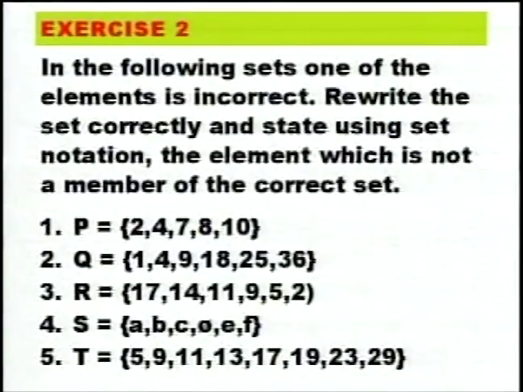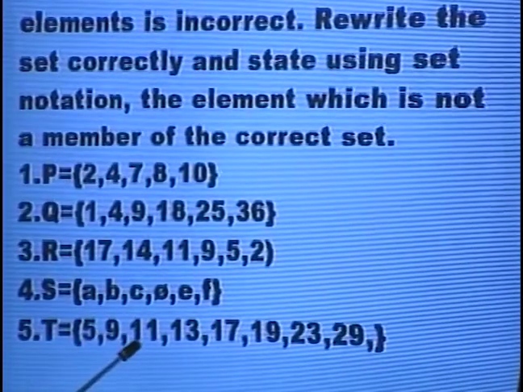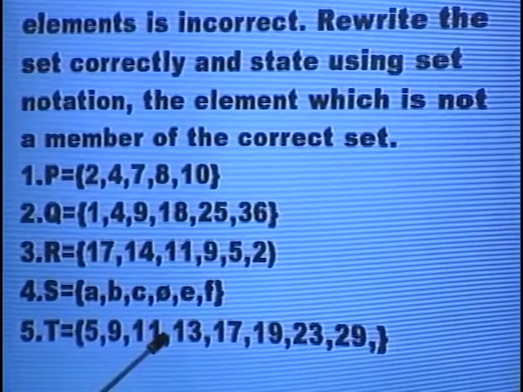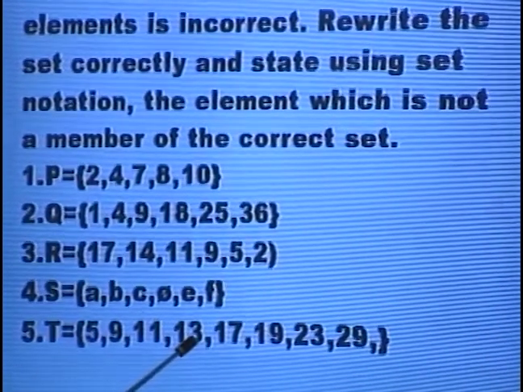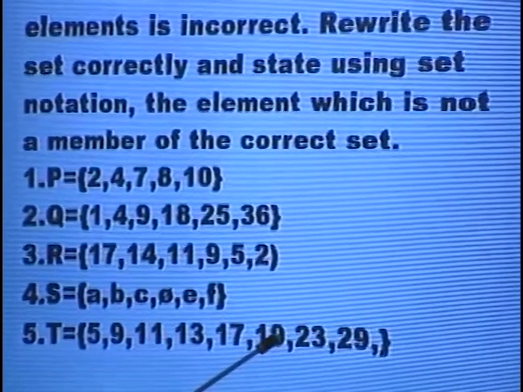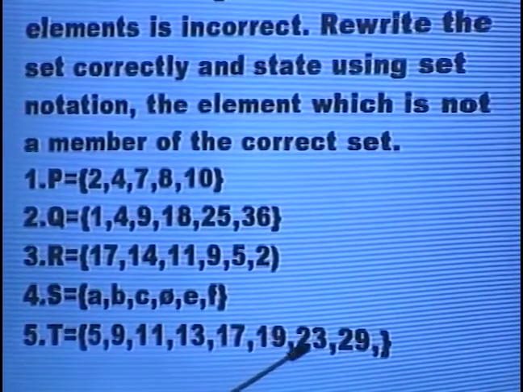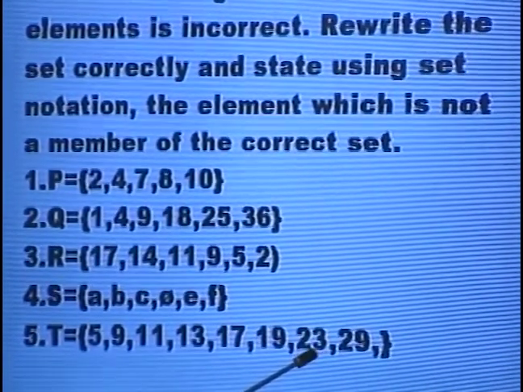Are you sure it's 9? Okay, we add 4 to 5, we get 9. 9 plus 2 is 11. 11 plus 2 is 13. 13 plus 4 is 17. 17 plus 2 is 19. 19 plus 4 is 23. Because you see, this is 5 plus 4, then 9 plus 2, then 11 plus 2. So you're adding 4 here and 4 here, and then suddenly you're adding 6.